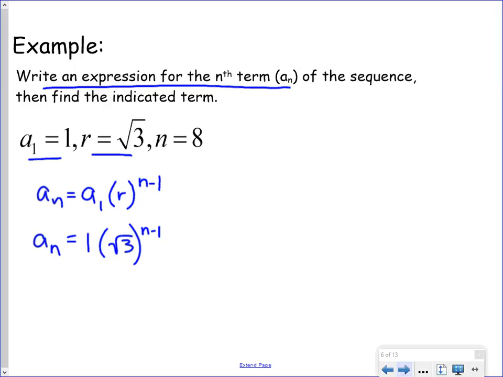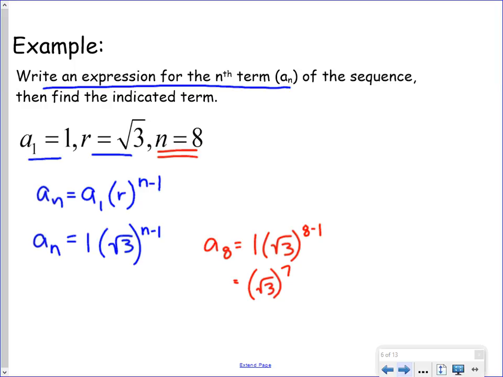Okay. Now, it's also asking me to find the indicated term, which is n equals 8. So I want to find the 8th term. a sub 8 is equal to 1 times the square root of 3 raised to the 8 minus 1. That is the square root of 3 raised to the 7th power. For most of us, if we plug that into the calculator, it would give us a decimal answer.